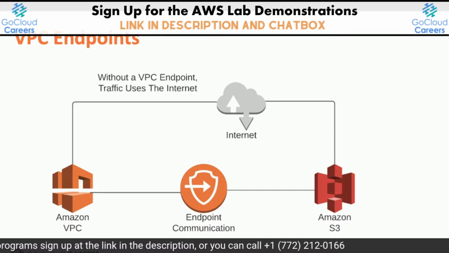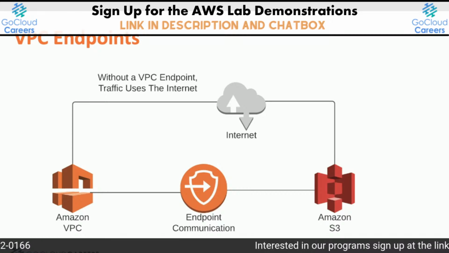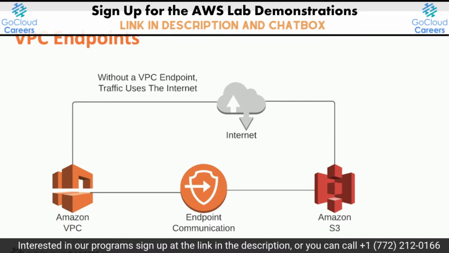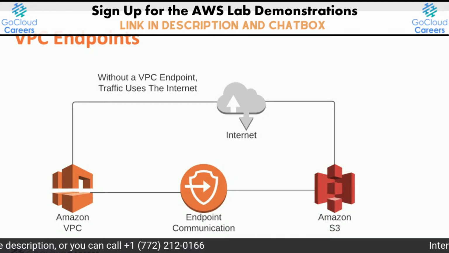And guess what, we're going to pay for all that traffic to go to the internet. Now the internet is not secure, so we're going to have to encrypt that traffic. Then it's going to come back in. So cost is a reason we don't want to do this, but the internet has no guarantee, so the performance of the internet isn't good, and the internet's not secure. So now we have to encrypt it.